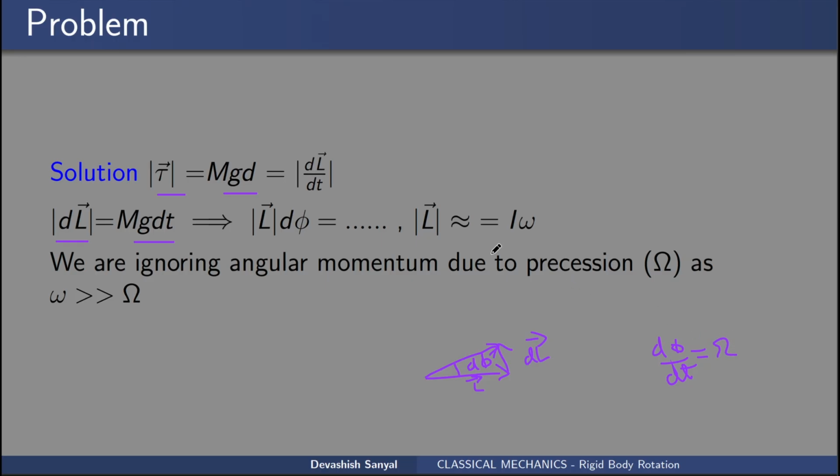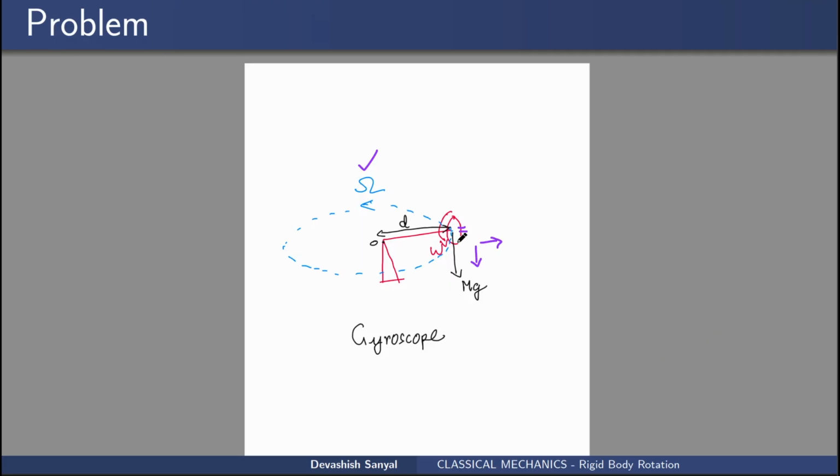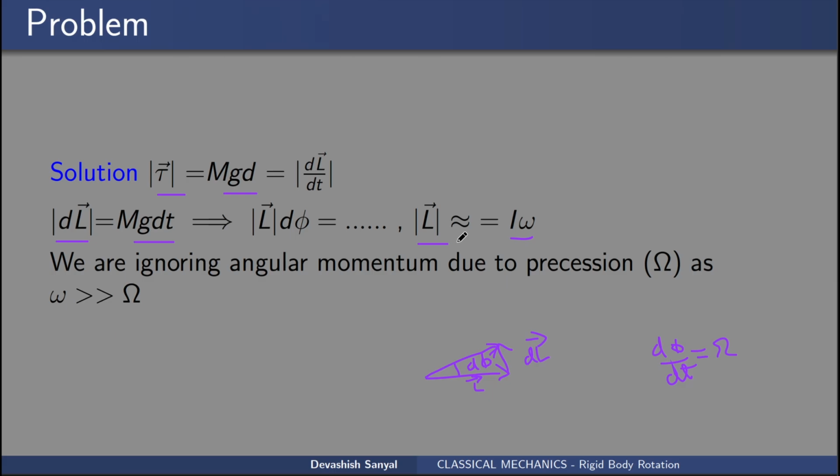But there is one important assumption here. What we have written is that this L is mainly due to the frequency of rotation about the axle. We are ignoring the angular momentum due to the precession capital omega. Why are we ignoring it? Because we are considering a situation where omega is much greater than capital omega.